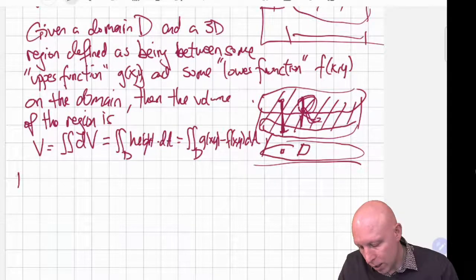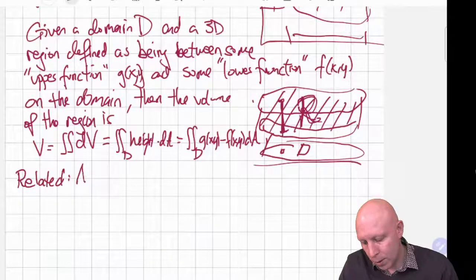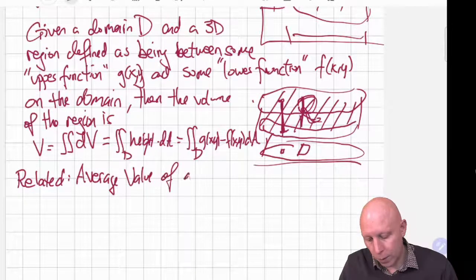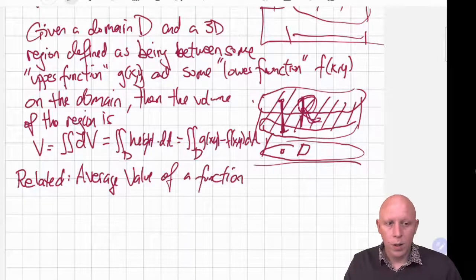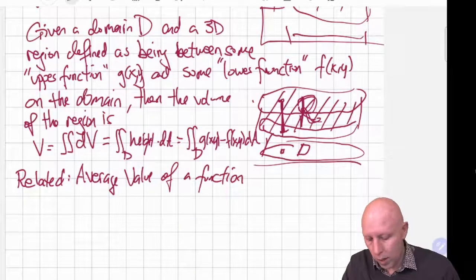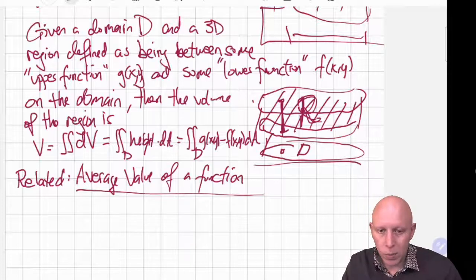And the last thing for this video is the idea of the average value of a function. Okay, so let's just get on the same page here about what the average value of a function means.